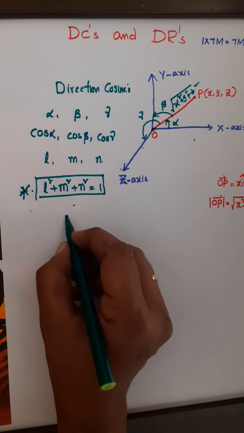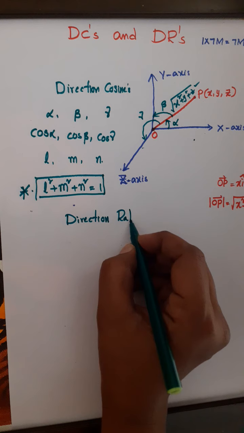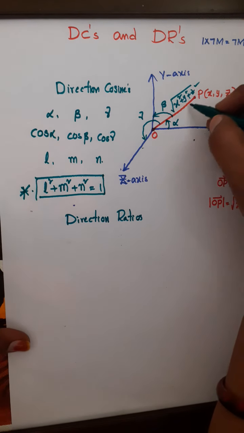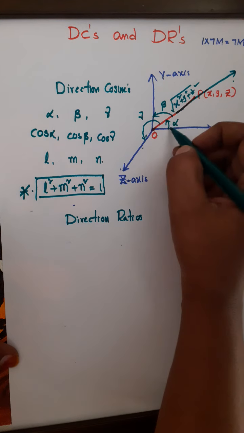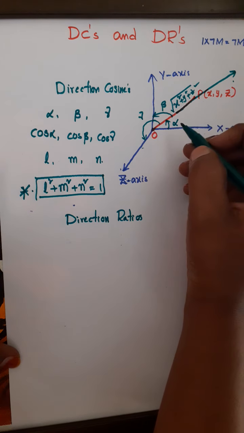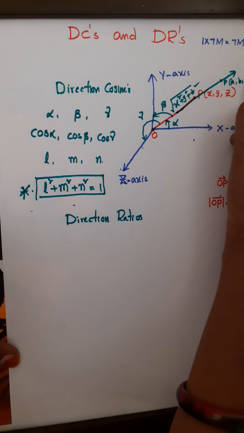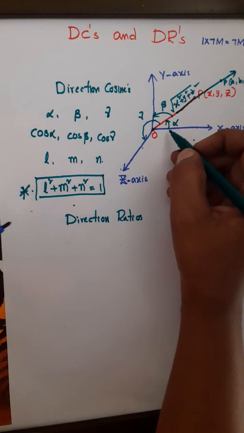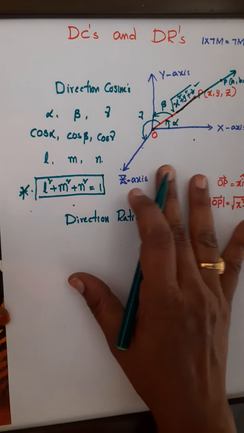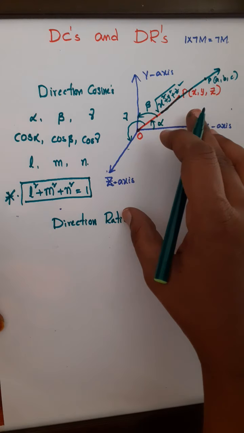And now let us talk about direction ratios. See, if I extend this line, the angle won't change, right? What will change? Suppose you have a point P here, A comma B comma C. If I extend this line, there is no change in the angle. The change happens in the length of the vector.